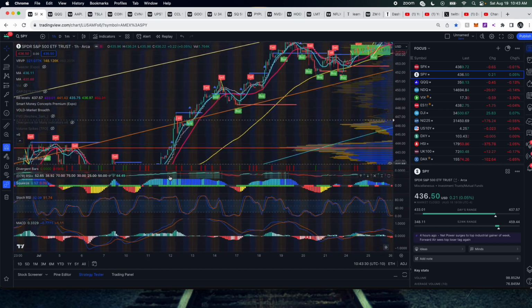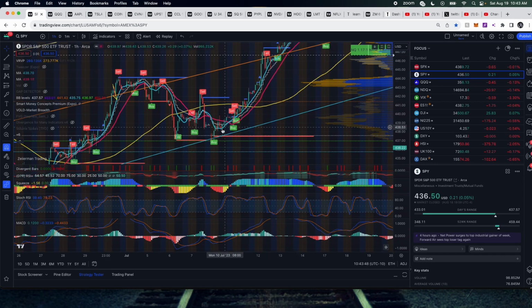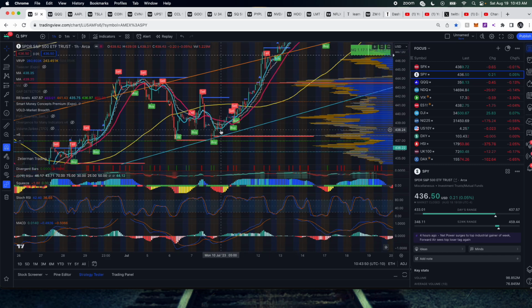I'm gonna wait. Where's my setup? Ooh, something's going on here. We can see, would I play this? I would probably not play this. Why? Because this setup here, even though the price goes up, is not the same as here. Why is it not the same?